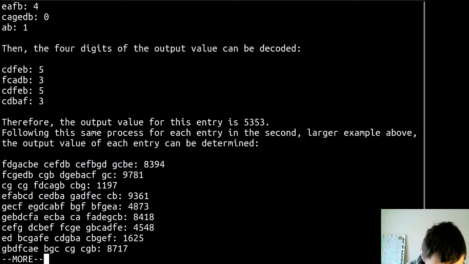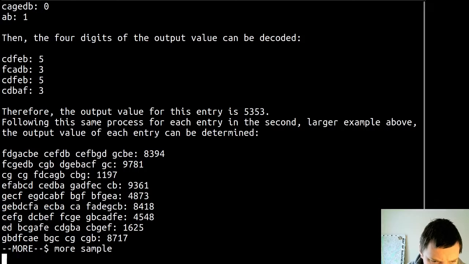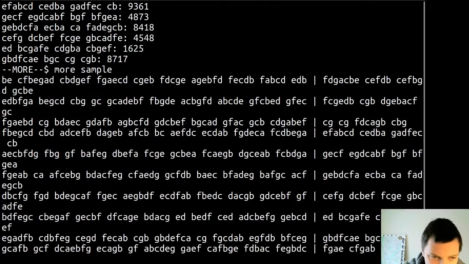So this might just be the fact that we need to read all of the output values to distinguish 9 from 6. That was the fourth line of the sample input. So we need to distinguish G from B on the fourth line. 1, 2, 3, 4. We should already be able to distinguish B from G because B is present in 7 and G is not.